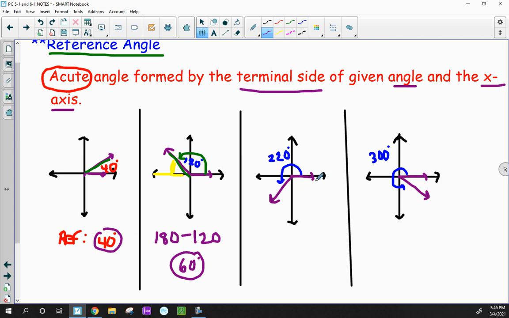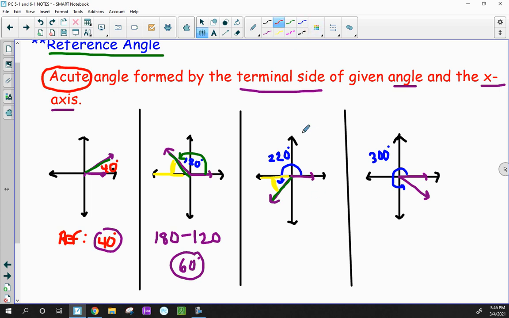Okay, third scenario. What happens if your angle's terminal side lands in the third quadrant, as in this picture? Notice that I started on the initial side, I swung the angle open counterclockwise. It is 220 degrees. The terminal side's in the third quadrant. I'm looking for the reference angle. The reference angle is formed by the terminal side and the x-axis that's closest to it. It's going to be this angle I've highlighted in yellow.